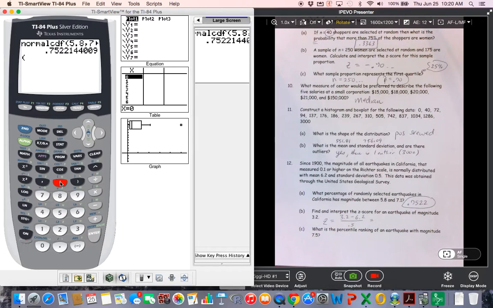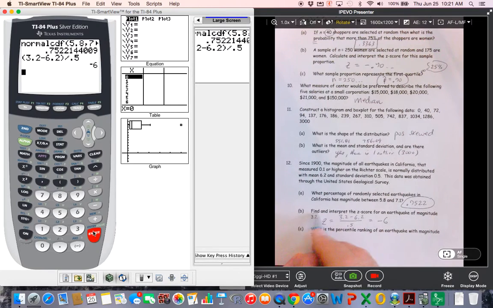Put the numerator in parentheses. So we get -6, which tells me that an earthquake of magnitude 3.2 is 6 standard deviations below the mean.